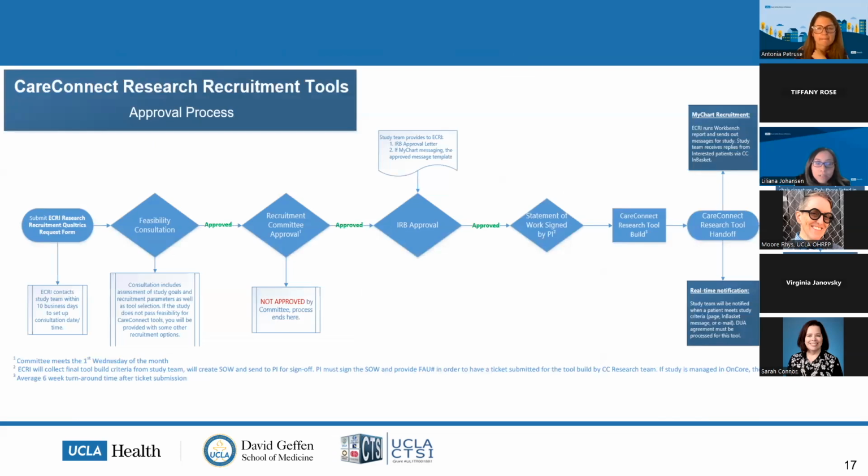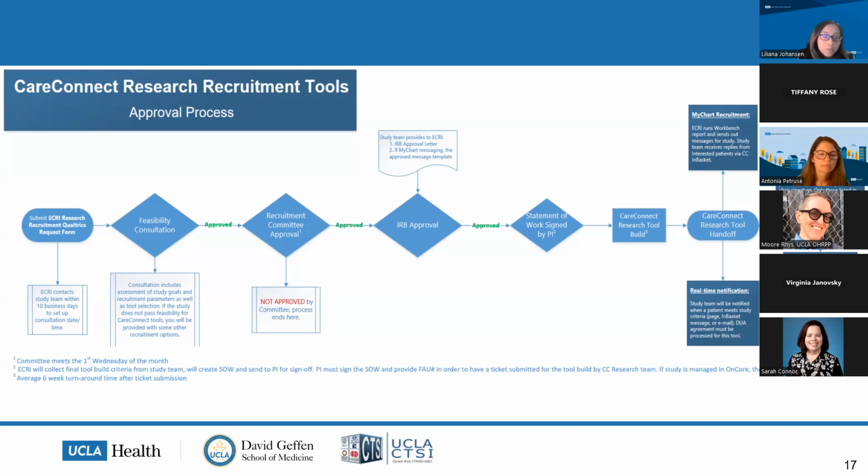And then just very quickly, we wanted to review the approval process for these tools, as Antonia mentioned in the beginning briefly. In order to submit a request to see if your study would be eligible to use the Care Connect recruitment tools, we have a Qualtrics form that will be shared at the end of the presentation that you use to submit the details of your project, as well as some supporting documents.